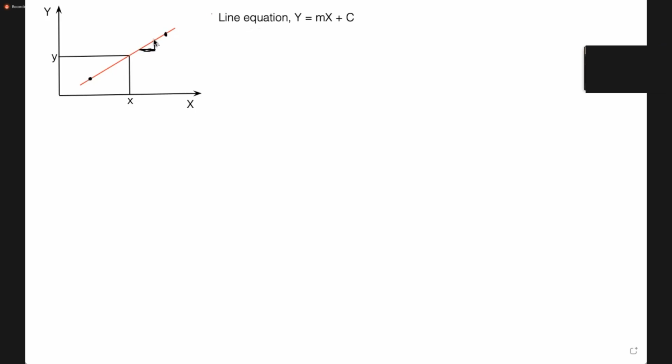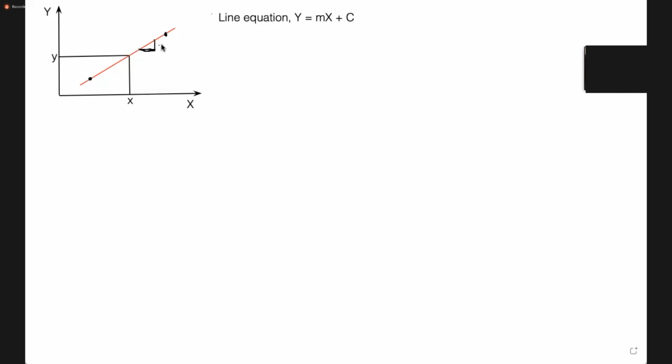We can take 2 points like this, and we can take the difference here, the height in between these 2 points, and the width in between these 2 points. When you take the height divided by width, that is what we take as slope.